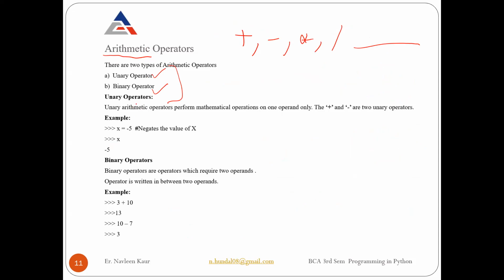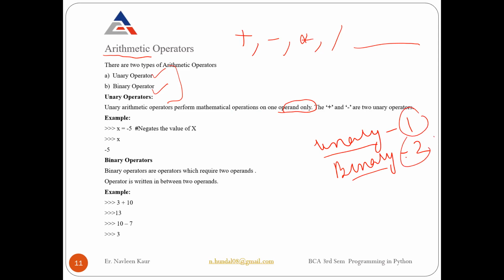So what do you mean by unary? A unary operator performs a mathematical operation on one operand only. Unary means 1. Binary means how many? 2. So unary means 1, binary means 2. Now what is 1, what is 2? The operands.